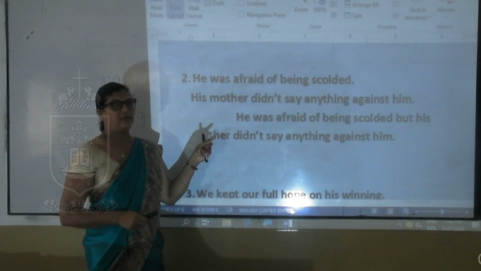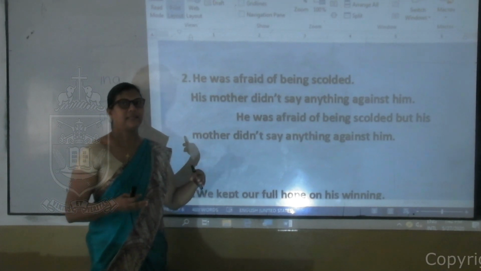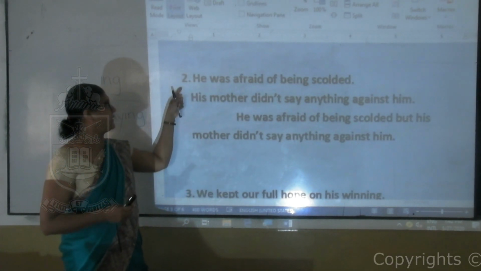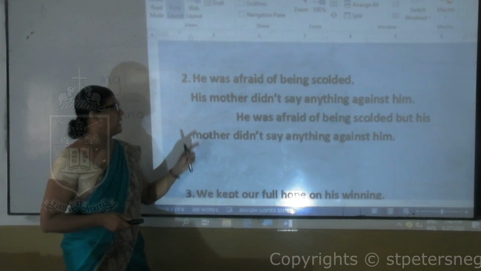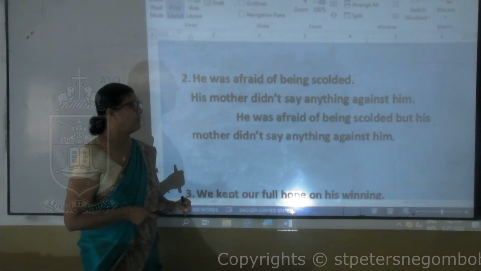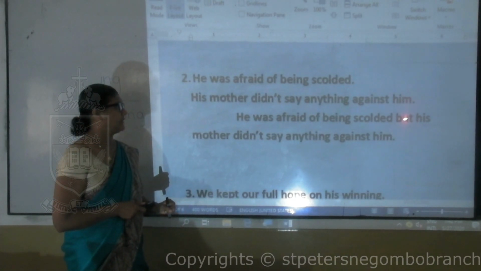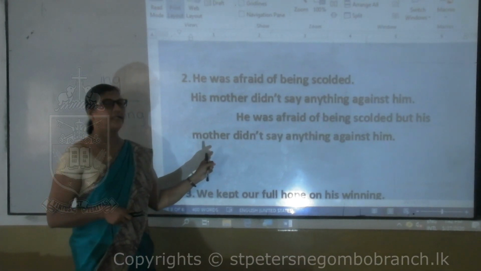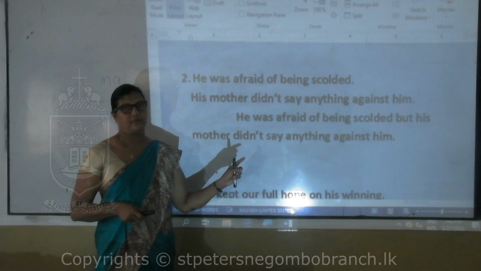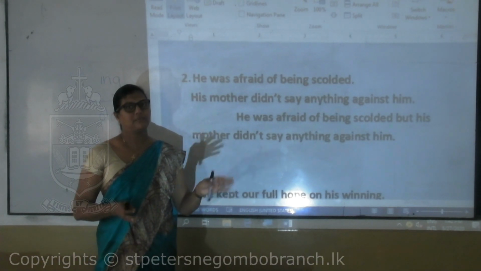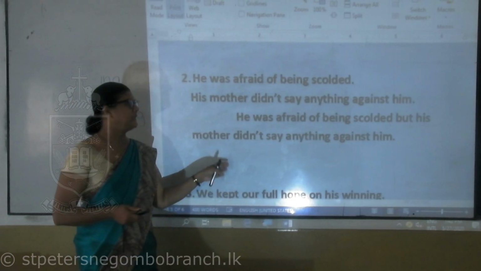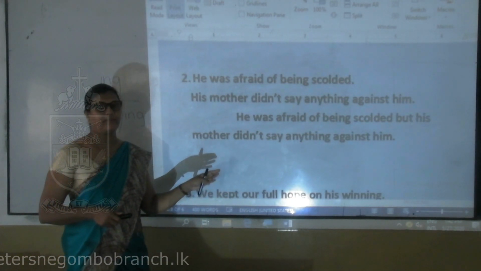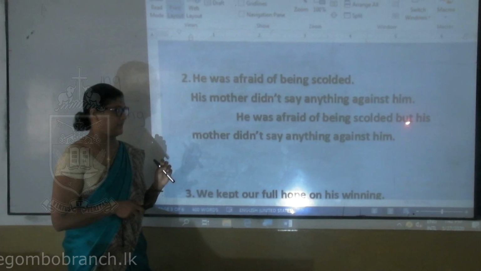But here, when we combine these sentences and make one sentence, what will happen? He was afraid of being scolded, but his mother didn't say anything against him. The important word here is but.